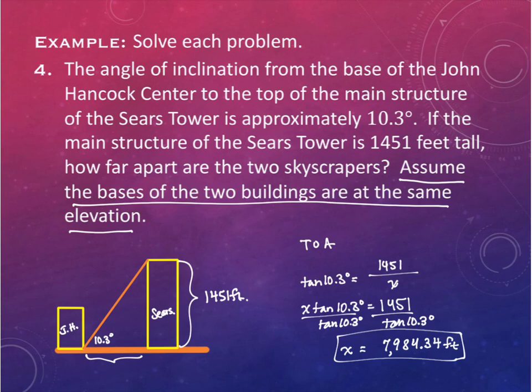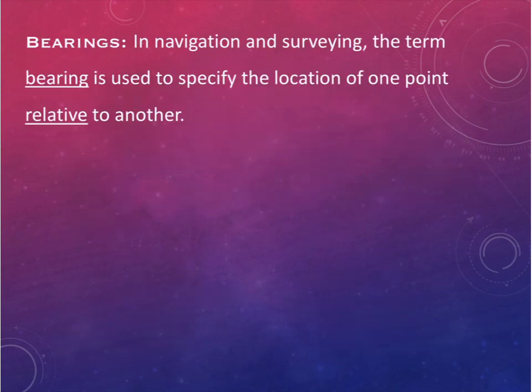Okay, another application that we're going to take a look at in this section is called bearings. Bearings are a topic that occur in navigation and surveying. They're used to specify the location of one point relative to another. Now, you use ordered pairs in an XY plane to do the same thing.